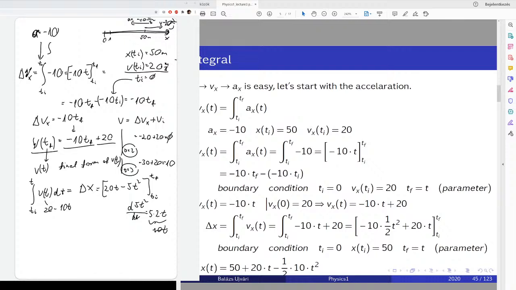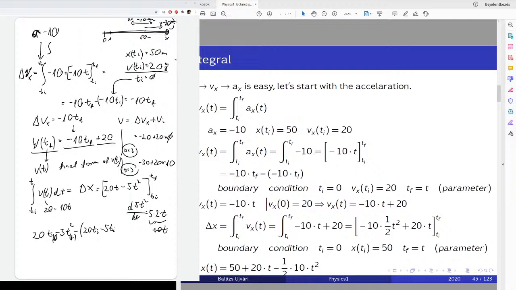So this is 20t minus 5t squared minus 20t initial minus 5t initial squared. You can write here final if you want, but at the very end we will replace it with time.